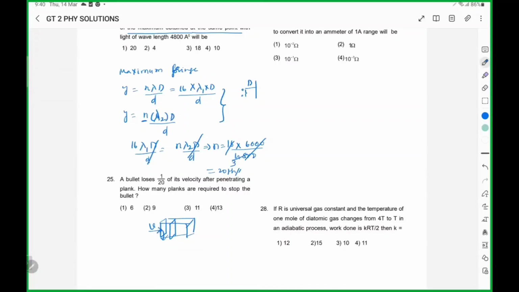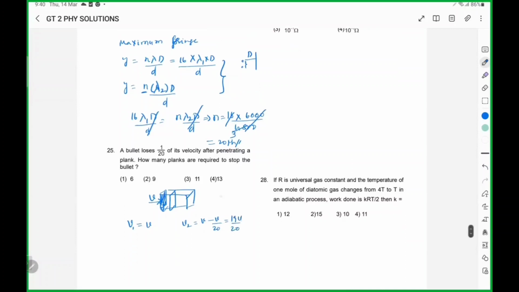Before entering the plank, its velocity is v, that is the initial velocity. The final velocity will be, it loses 1 by 20, so we find the velocity it has. We consider the plank thickness as S1.